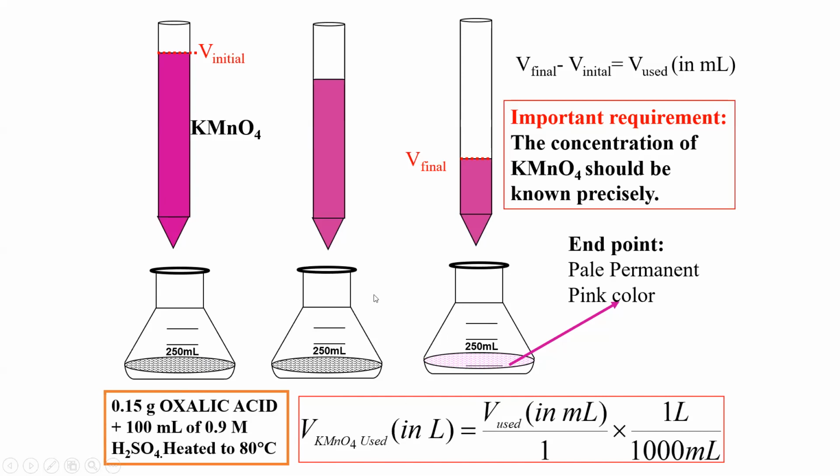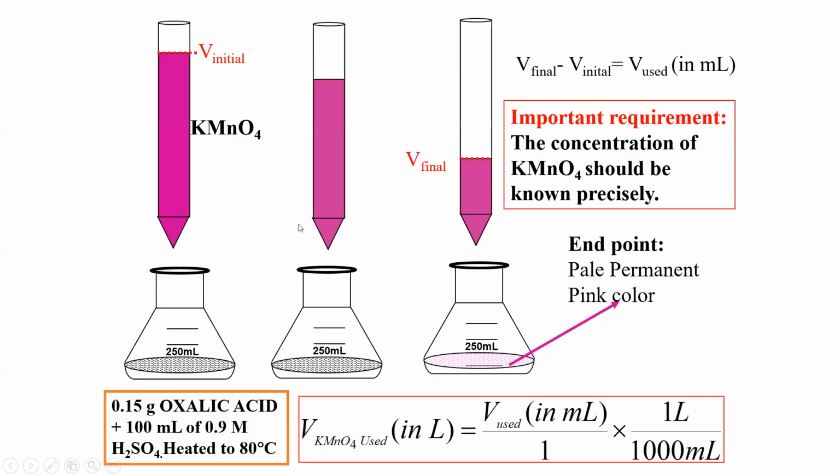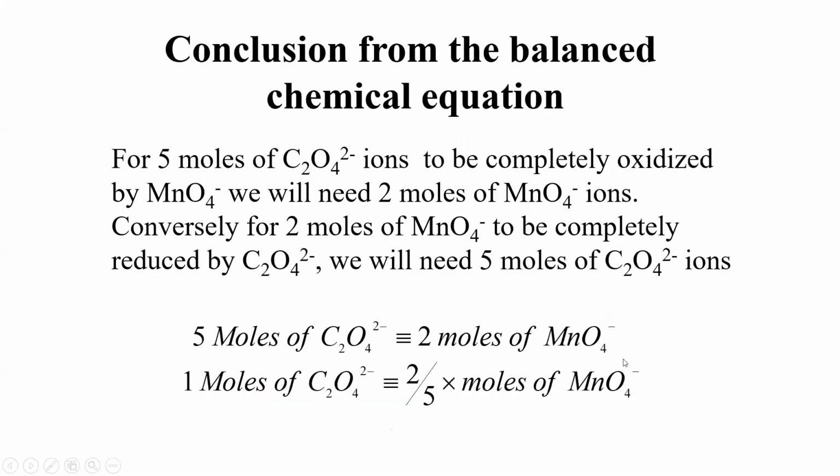Always remember that you have to convert your volume to liters, because we are going to get the molarity. So we can now get the number of moles of oxalate and the ratio of your reaction. We have 5 moles of oxalate reacts with 2 moles of KMnO4.